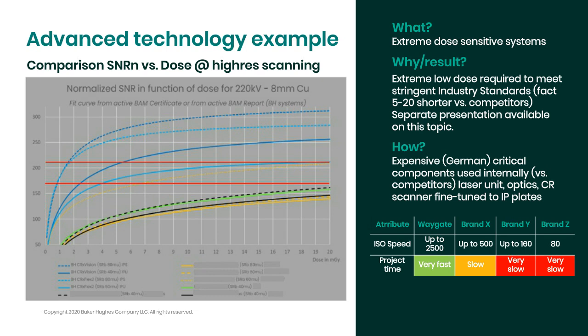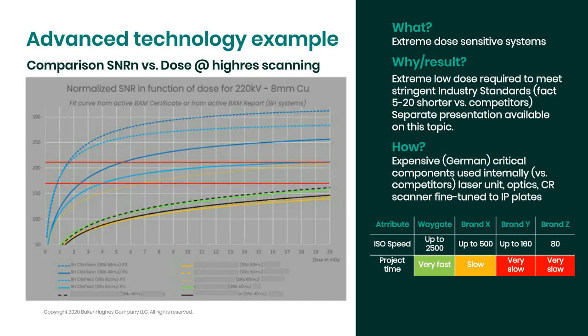This is visible by the independent certifications that are available for the different CR systems. If you look to the characteristic, what is called ISO speed, it's a standardized item, there is a huge difference between Waygate Technologies equipment and different brands. Again, a factor 5 up to 20 difference in ISO speed, also in exposure time.